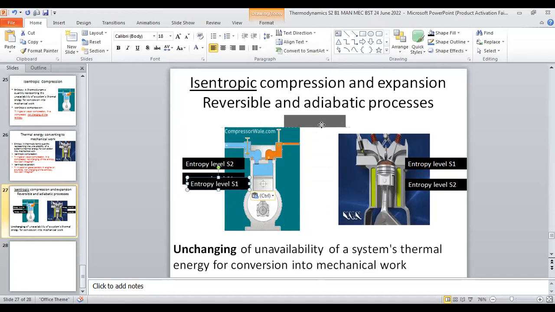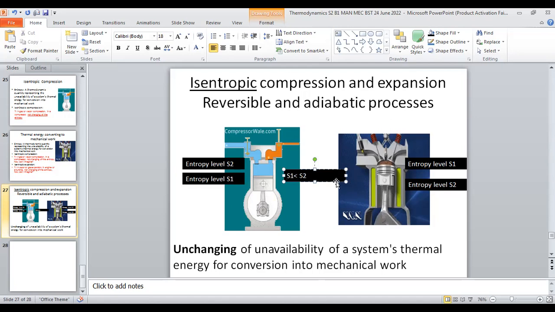In general, if you take S1 and S2, you can see S2 is bigger.